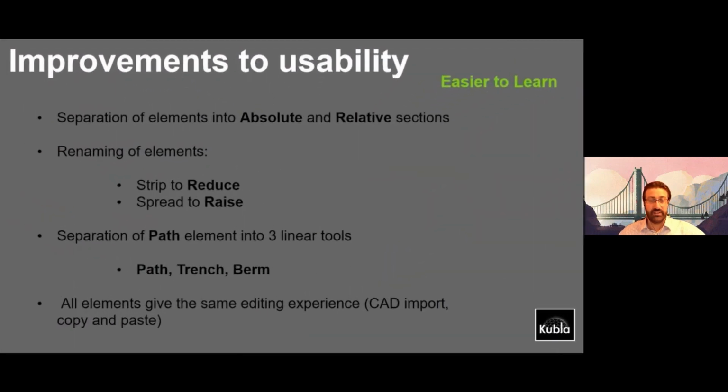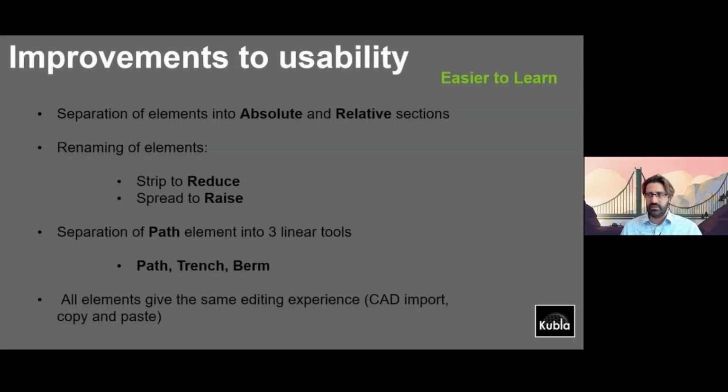These are the first things I'll go over. These are improvements to the general usability, in order to make Kubla Cubed as easy to learn as possible. There were some areas in the program that we felt were confusing, especially for new users, and we could change slightly to help with clarification. Elements have been separated into two sections: absolute elevations and relative elevations.